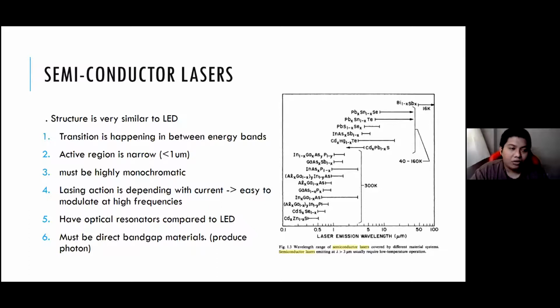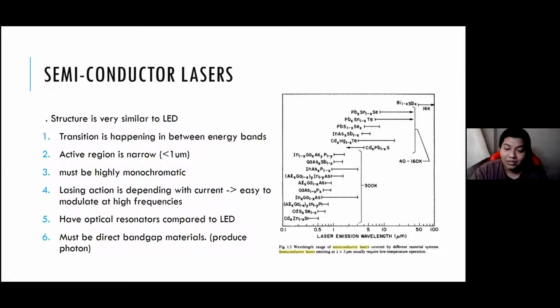And then we go to the active region, which is narrow, usually less than 1 micrometer. And this is due to the high doping. The advantage is we can have a highly compact laser, but the con is it would cause high beam divergence.